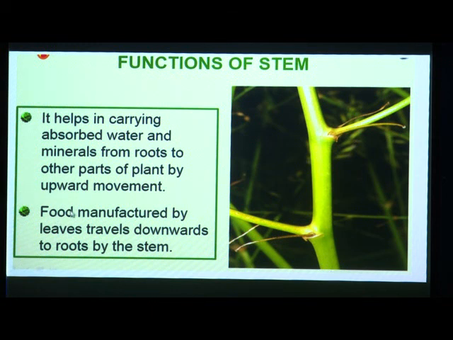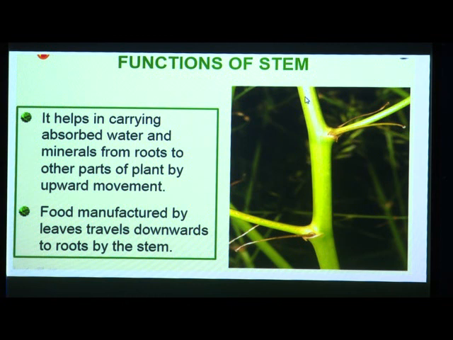Then the next function is food manufactured by leaves travels downward to roots by stem. Now see, the food is prepared in the leaves with the help of the process called photosynthesis in the presence of air, water, sunlight, carbon dioxide and chlorophyll.